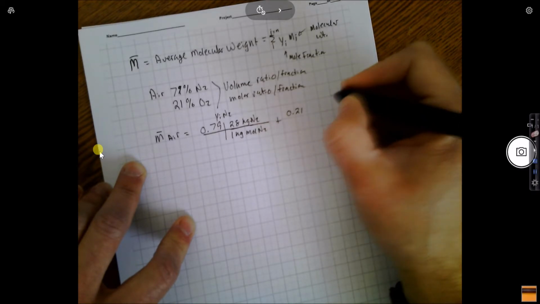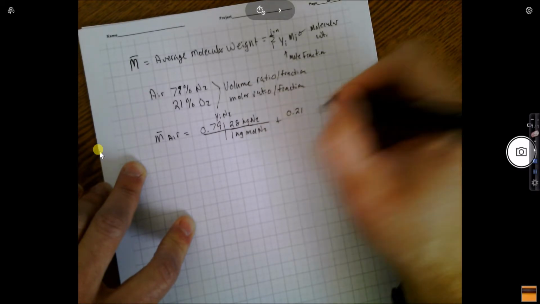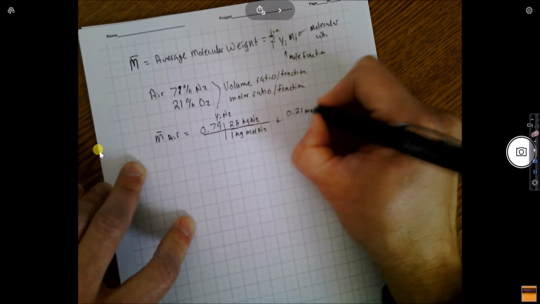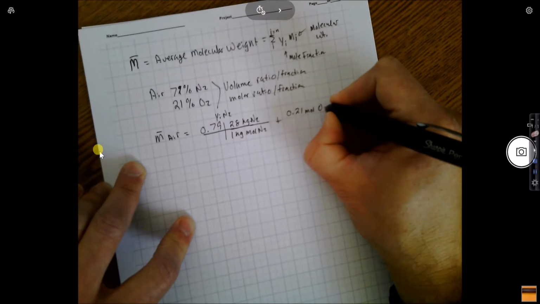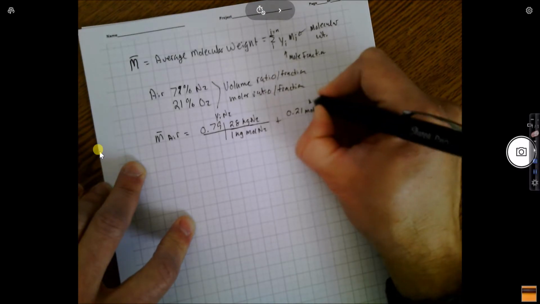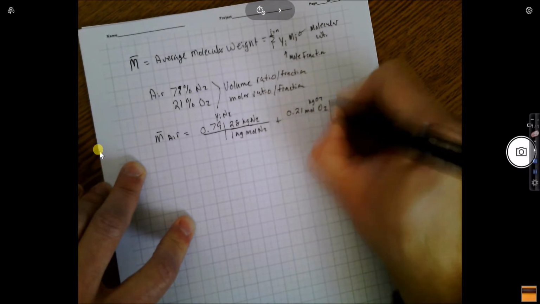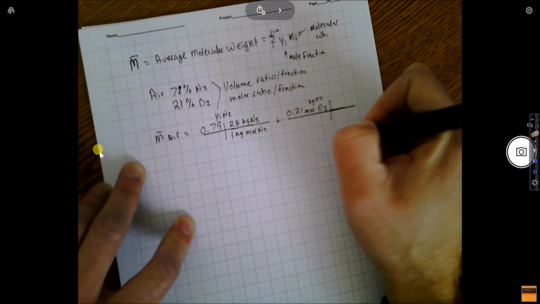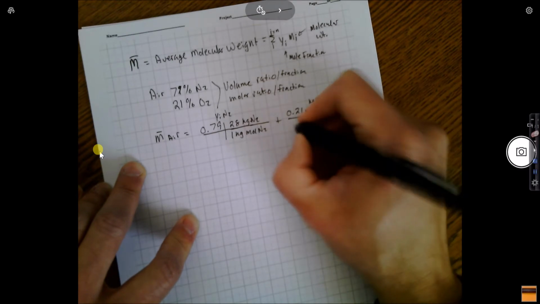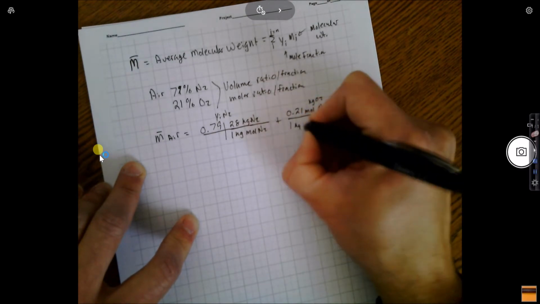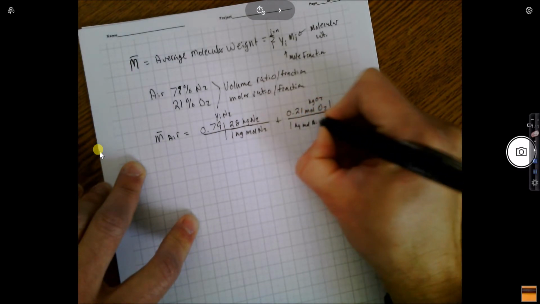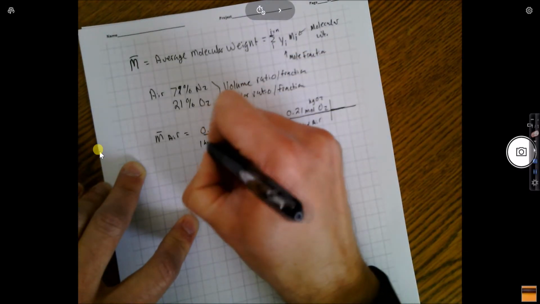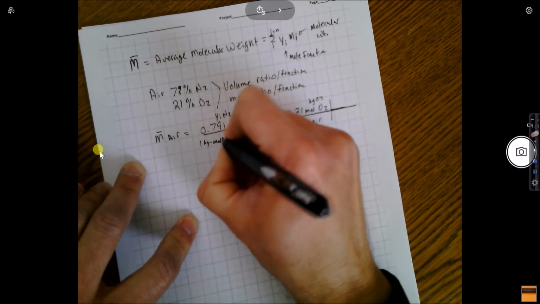I probably should put air somewhere, and it's not going to cancel, so it gets kind of goofy. That's the fraction in 1. All right.